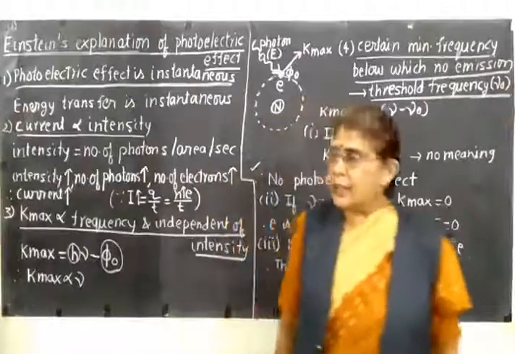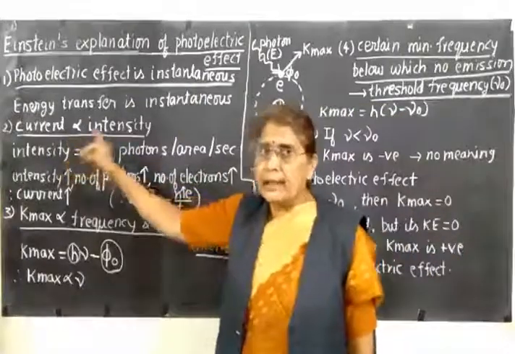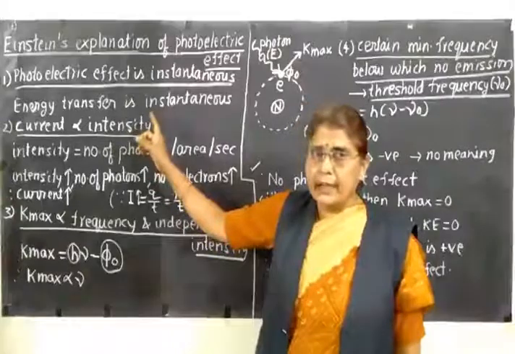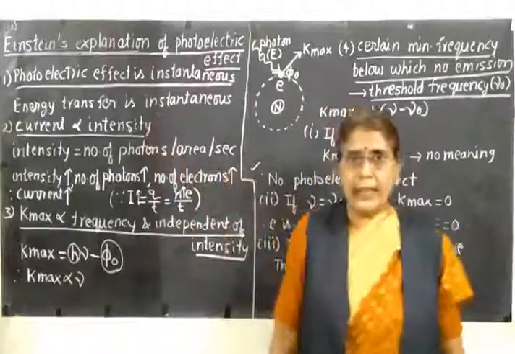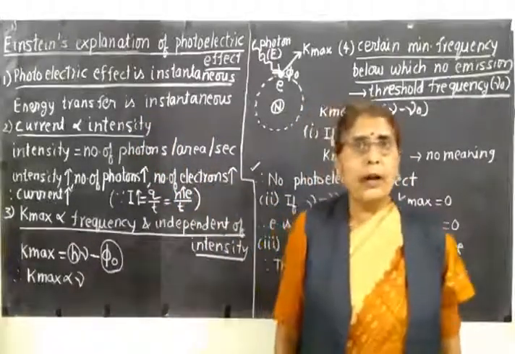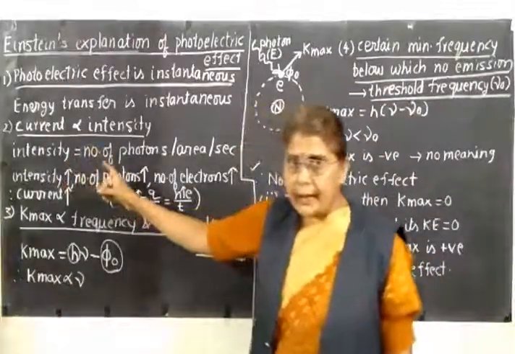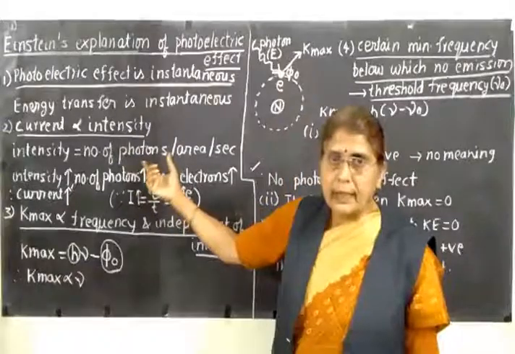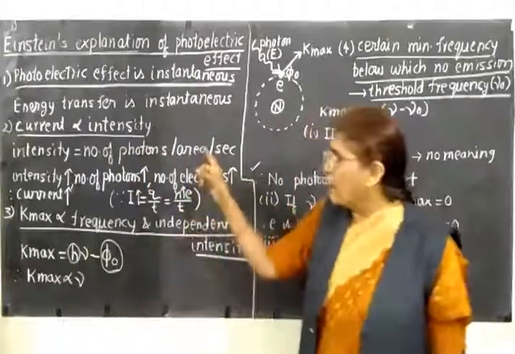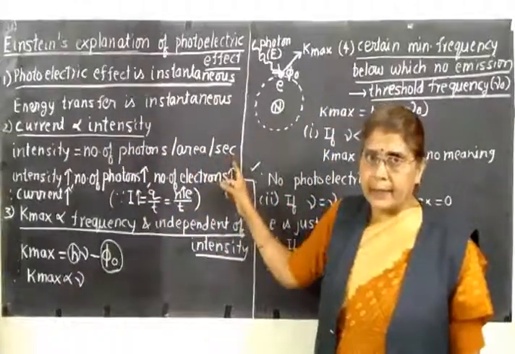The next observation was that current is directly proportional to the intensity. So let us define intensity in terms of the number of photons. Intensity is defined as the number of photons incident on the emitter per unit area per second.